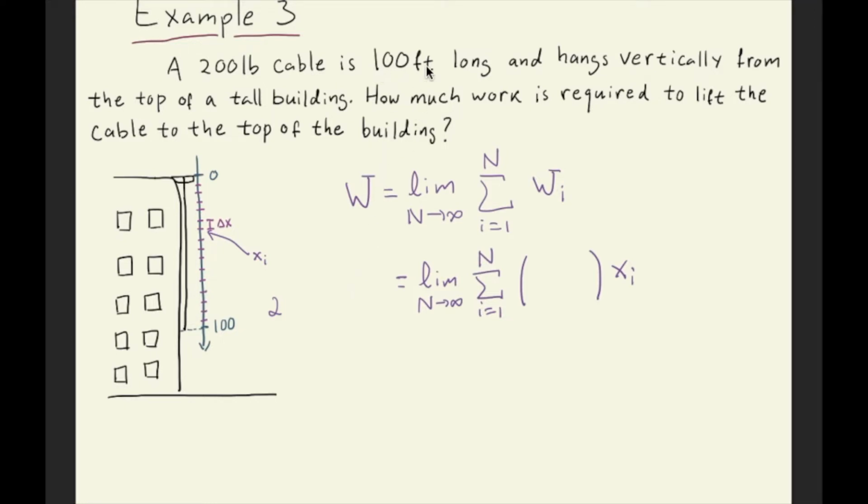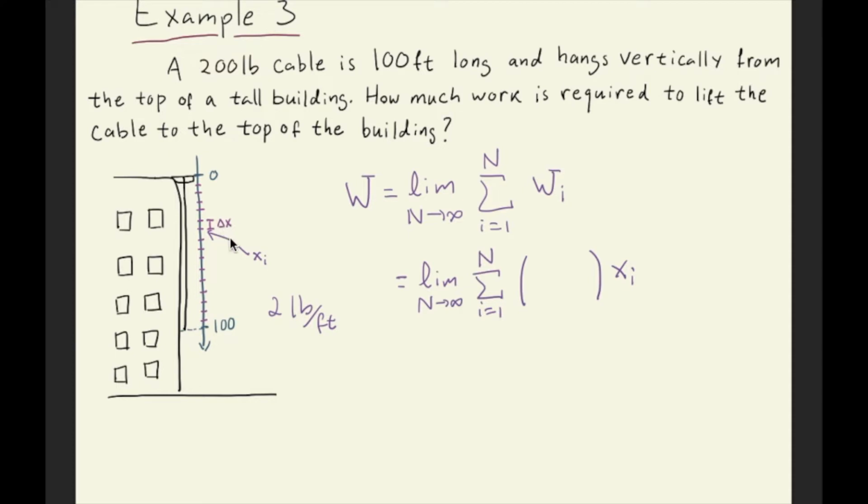So it means that every foot weighs 2 pounds, right? So that's kind of like density, though I shouldn't call it density because pounds is not mass, but it says how much a foot of this cable weighs, right? So a cable that's 100 feet long weighs 200 pounds. So every foot weighs 2 pounds.